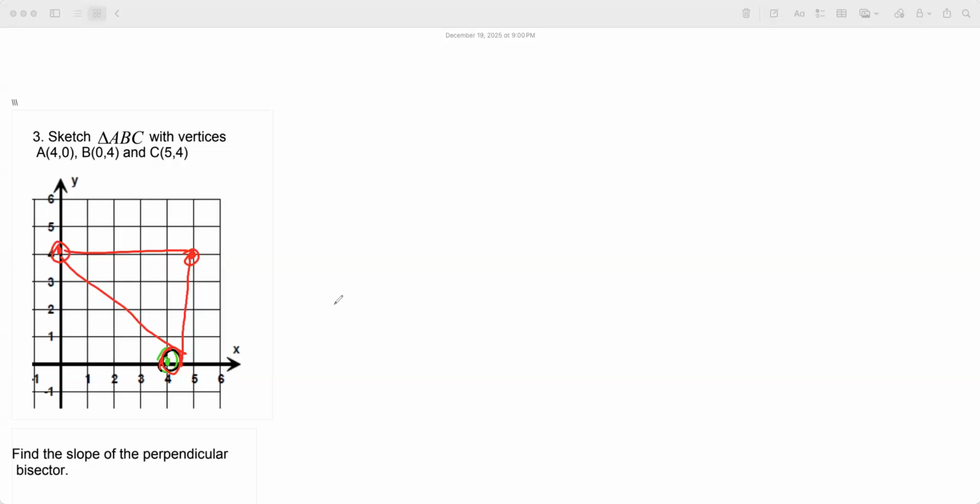One minute, wait guys. I have not given you the full question. Midpoint of AB. Okay. Here, I really want to know: find the slope of the perpendicular bisector of AB.